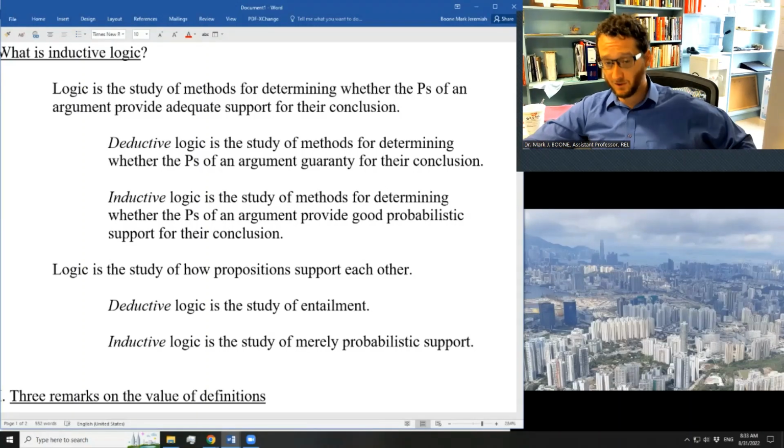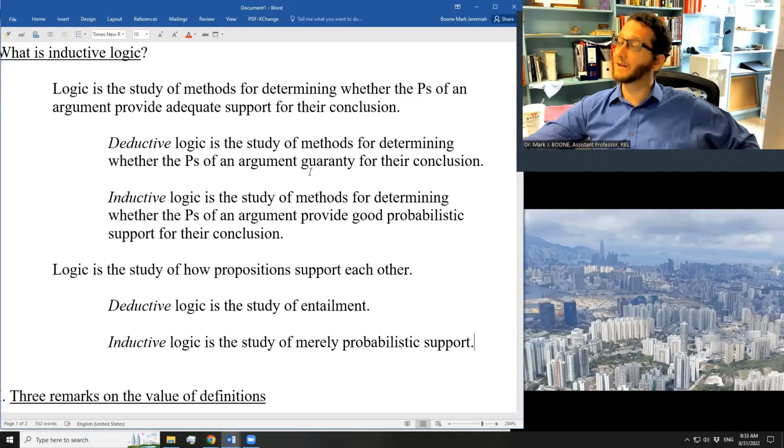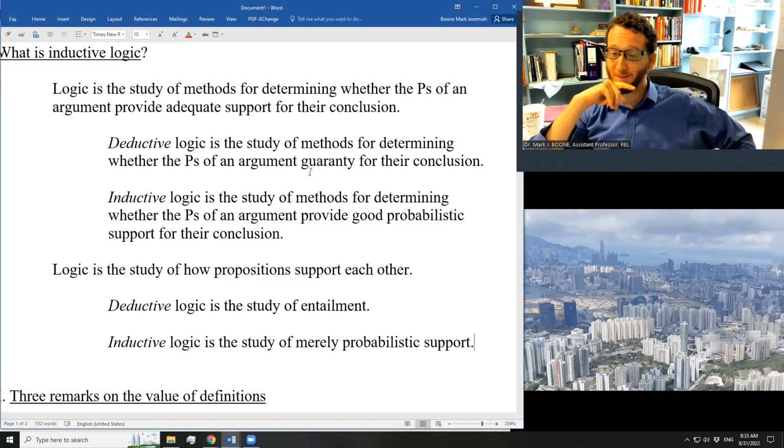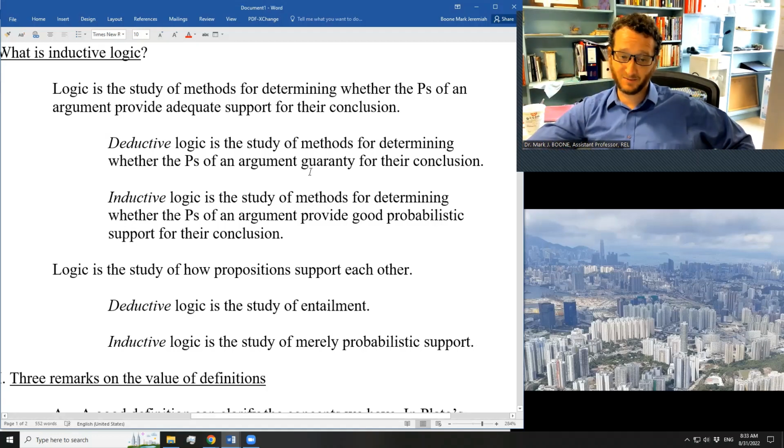I should probably say merely, because technically, if premises give a 100% guarantee for their conclusion, then that's a 100% probability, isn't it? So I should say merely probabilistic support. Inductive logic is the study of merely probabilistic support for one statement by other statements or another statement. Deductive logic is the study of entailment, where one proposition, the conclusion, is or is intended to be entailed by its respective premise or premises.